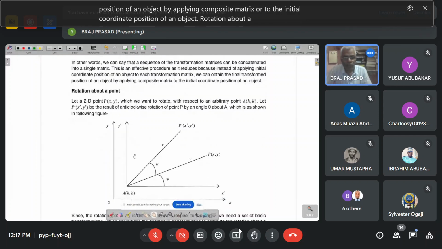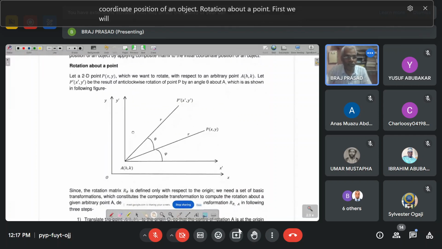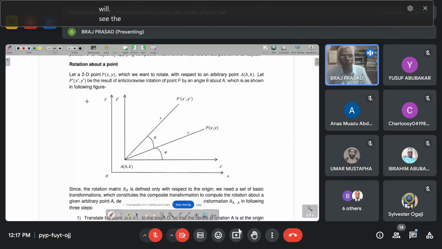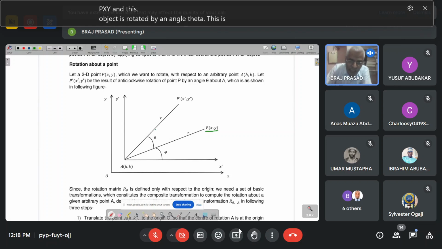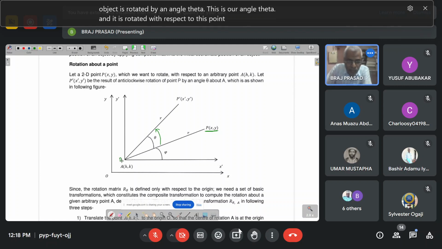Rotation about a point. First, we will see the concept of this point. Our object is placed at this place, and its coordinate is denoted by P(x, y), and this object is rotated by an angle theta. This is our angle theta, and it is rotated with respect to this point A, and this point A has some coordinate like h and k.